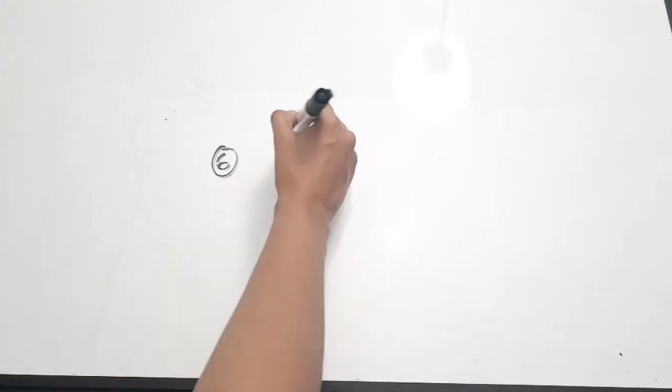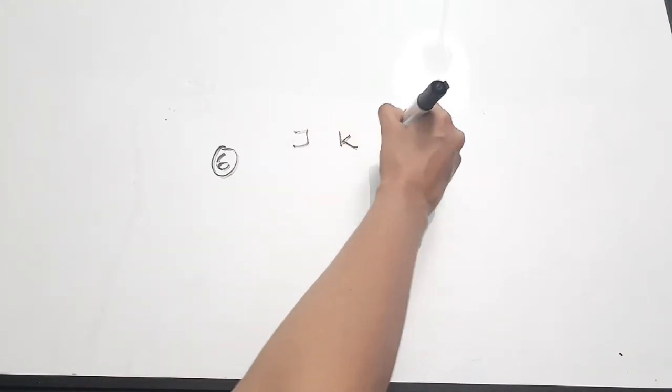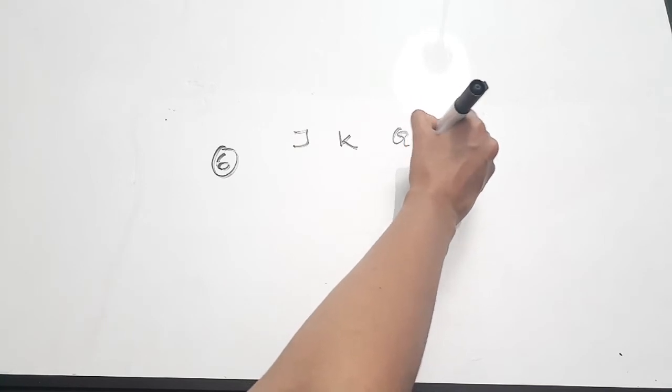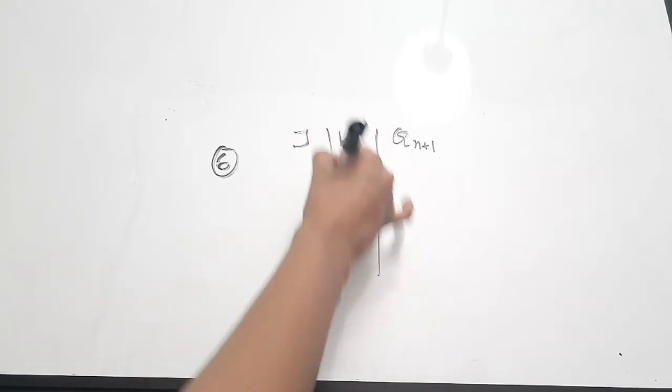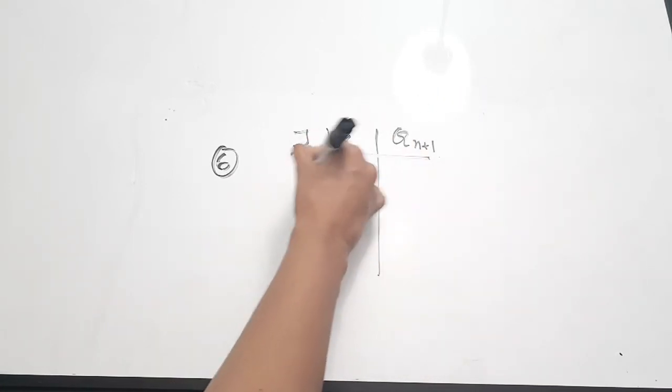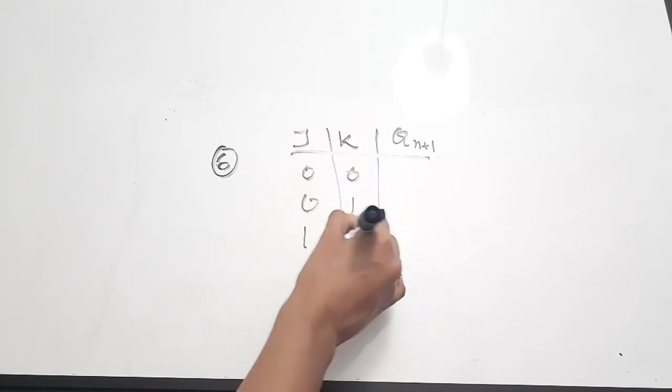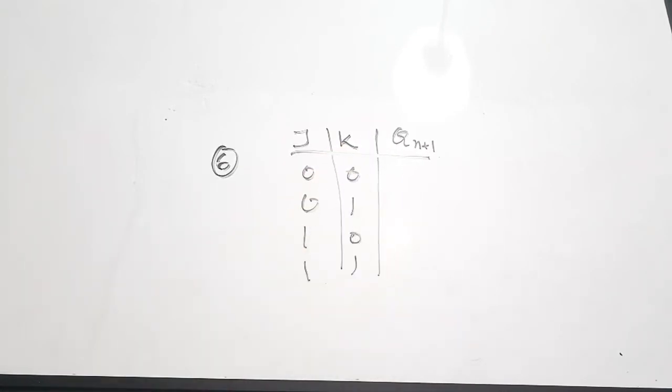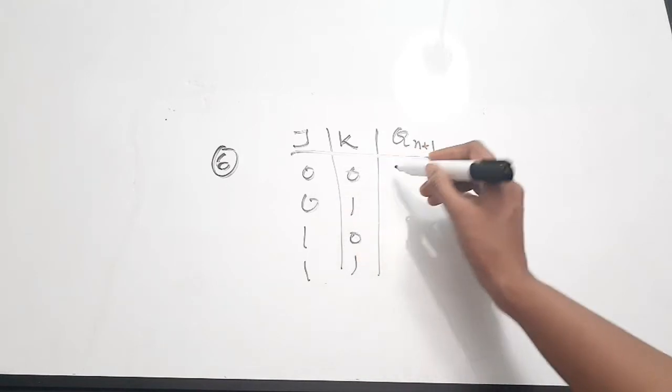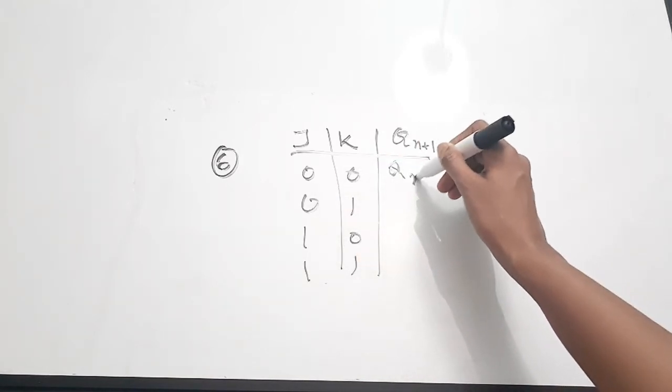Okay. So here we want to toggle the JK flip-flop, and the truth table of JK is like this. There is a J, there is a K, and there is a next state Qn plus 1. And for the various combinations 0 0, 0 1, 1 0 and 1 1, the output is like this. For 0 0, it is the previous state itself.